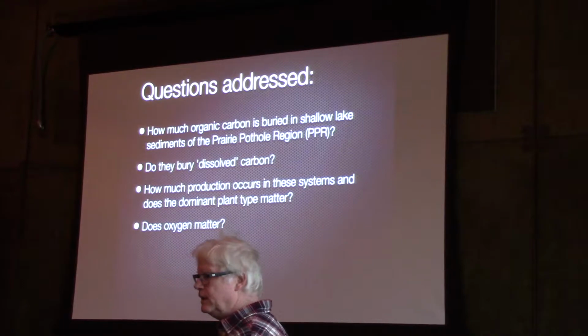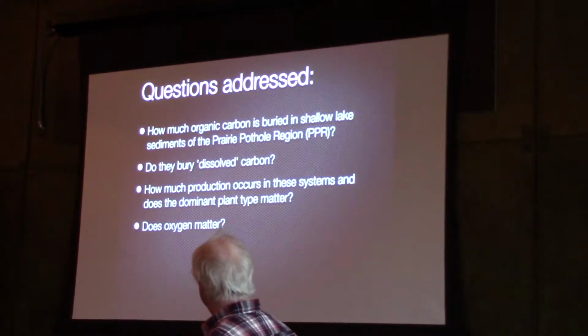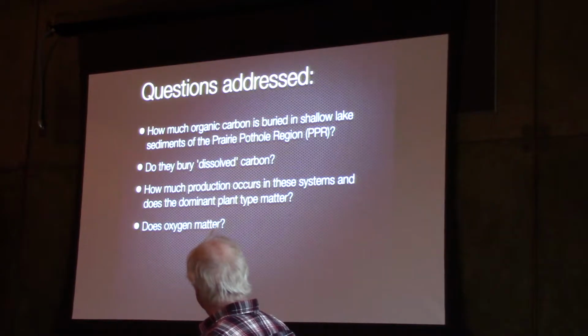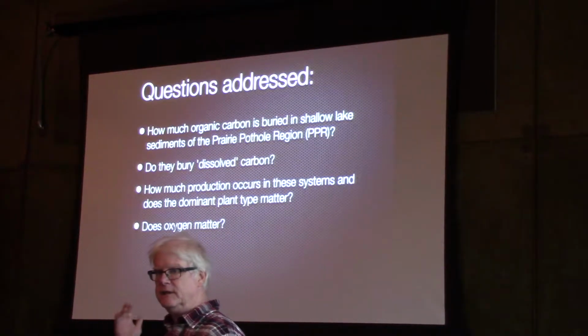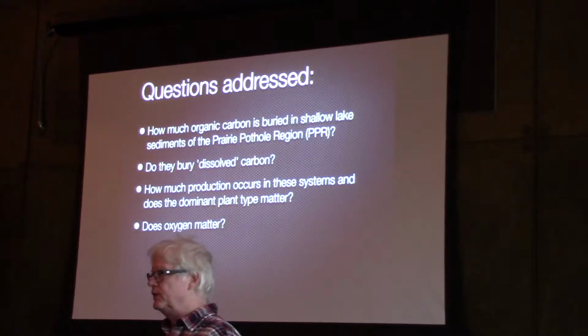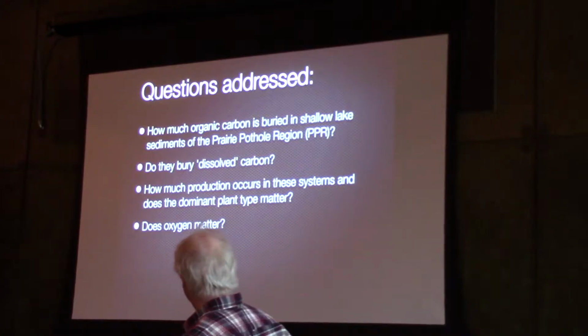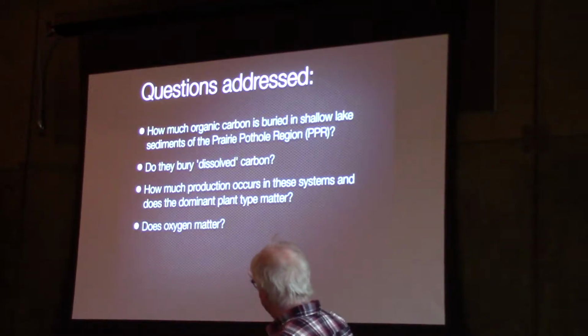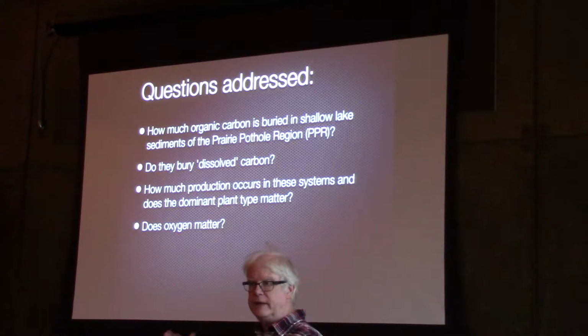Because, well, yeah, actually I will address it a little bit again. And then how much production occurs in these systems, because the production basically is the key to everything, because that's where the carbon is removed from the atmosphere and put into the system in a reduced form. And then as far as mechanisms go, we're interested in how much oxygen matters.